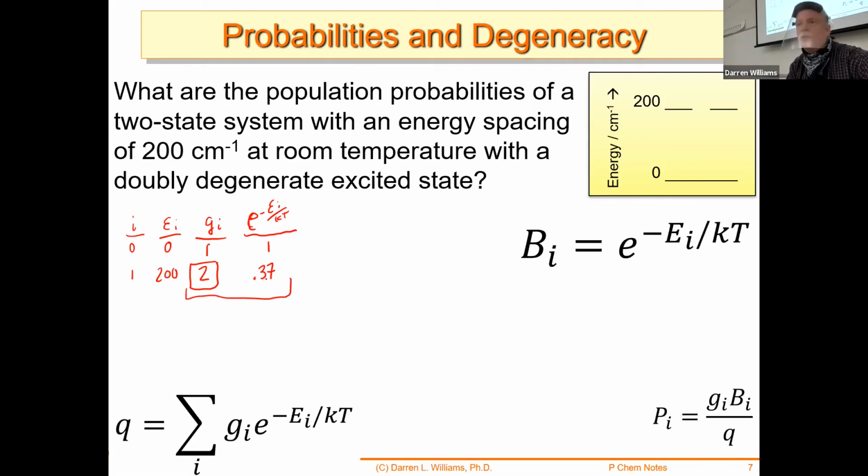We have 2 times 0.37. So Q is equal to the sum of all of those. I'm just going to add them together instead of writing out the equation: 1 plus 2 times 0.37. Does somebody already have that for me?